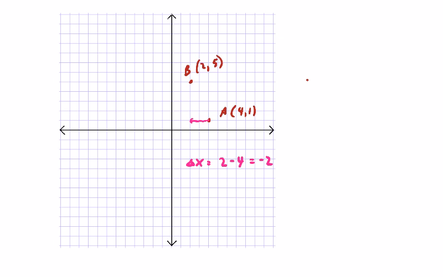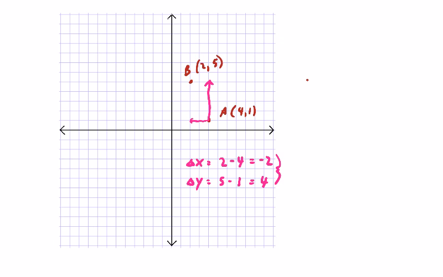I can find my change in y, be this line right here. Clearly that is 4 units up, but if I want to calculate that, I could take my y value for B, which is 5, and know that I had started at a y value of 1 at A, so I had to go up a distance of 4.